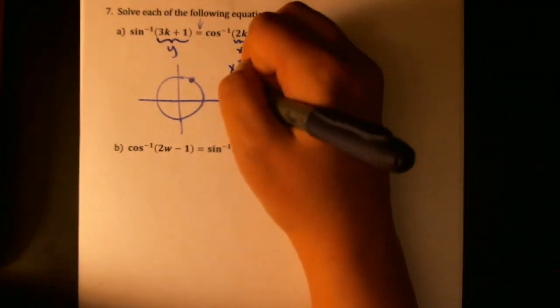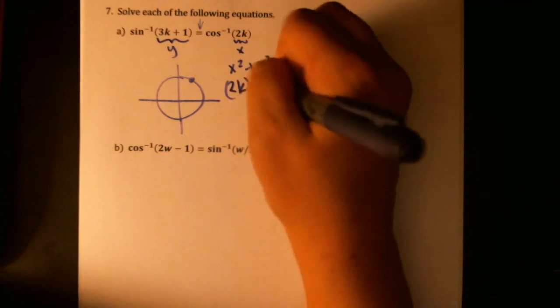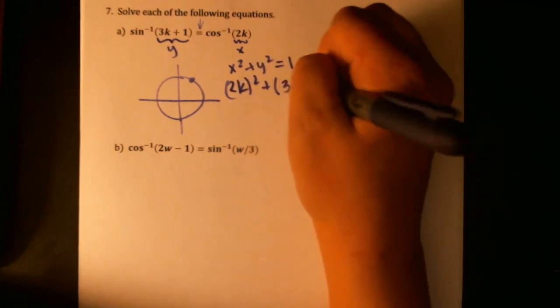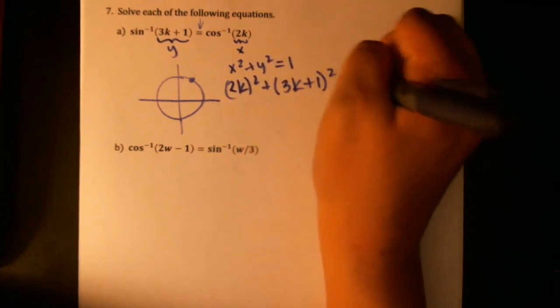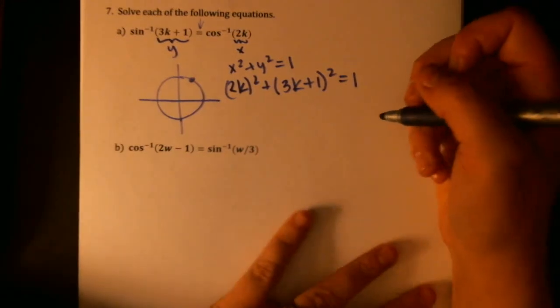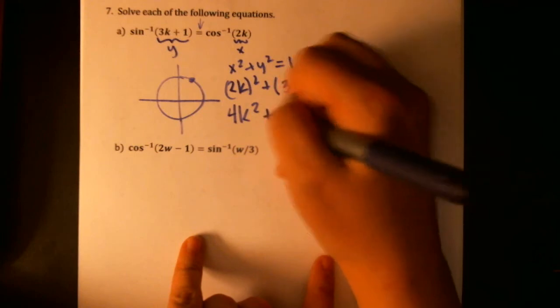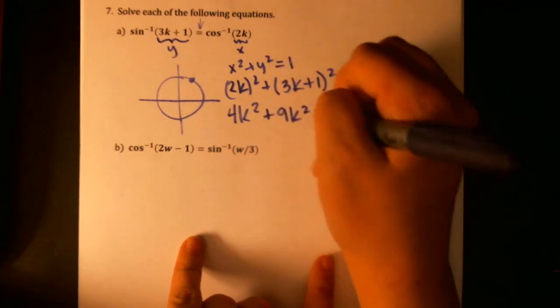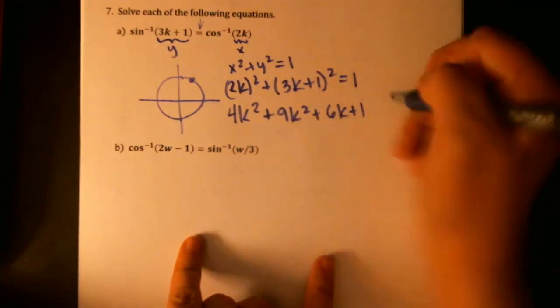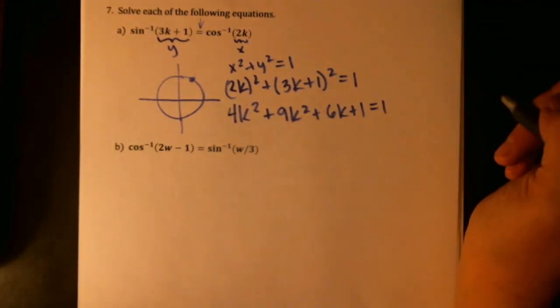So because of this equality, I do know that I have that. So I'm going to take my x, 2k, and I'm going to square it. I'm going to take my y, 3k plus 1, and I'm going to square it, and that should give me 1. So I'm seeing a 4k squared plus a 9k squared plus 6k plus 1 is equal to 1.